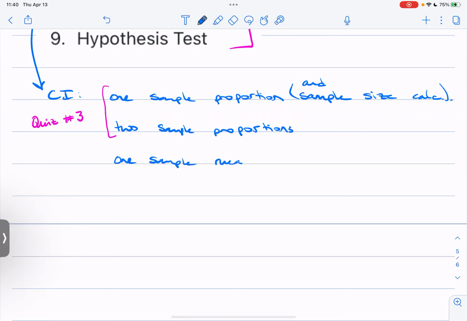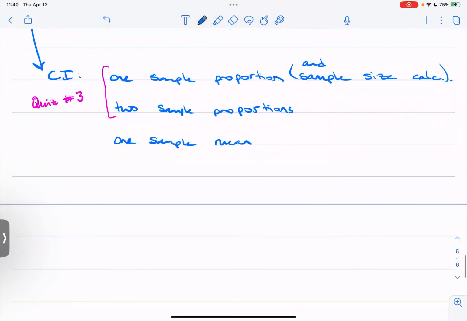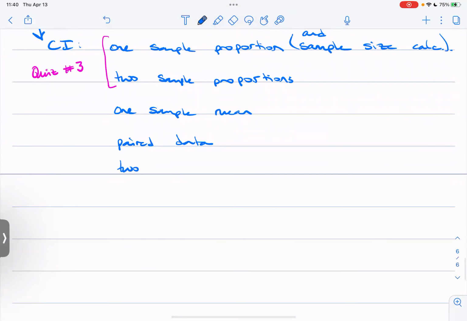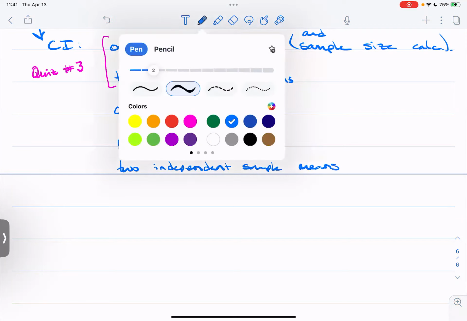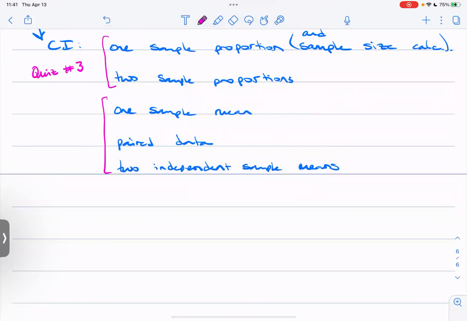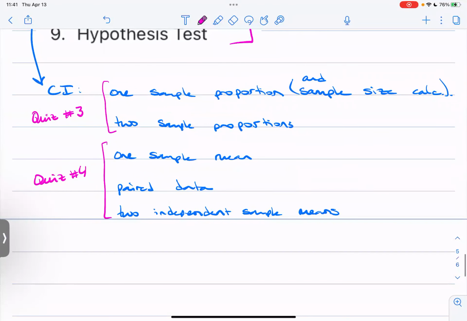One sample mean. Paired data. Or two independent samples. Or sample means. Those are all from quiz number 4. Okay.